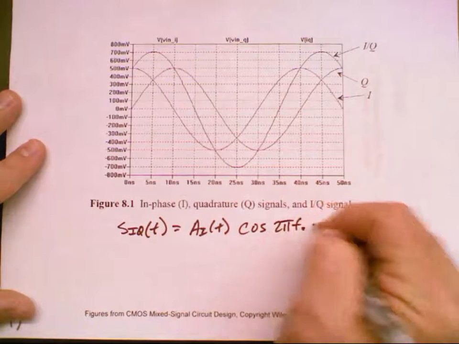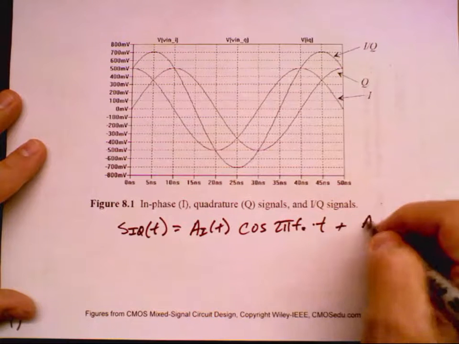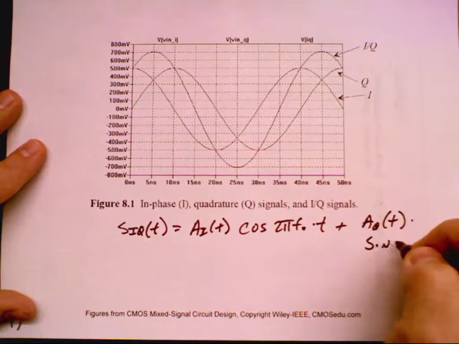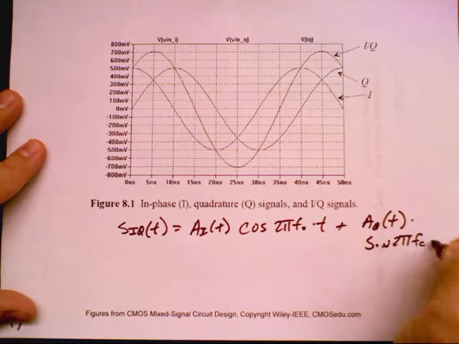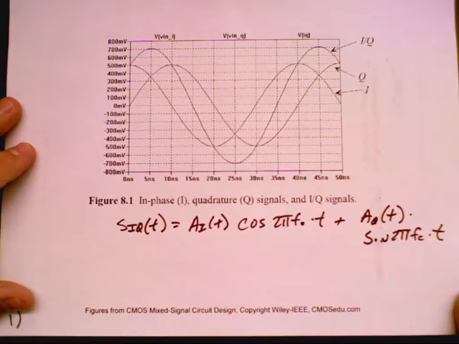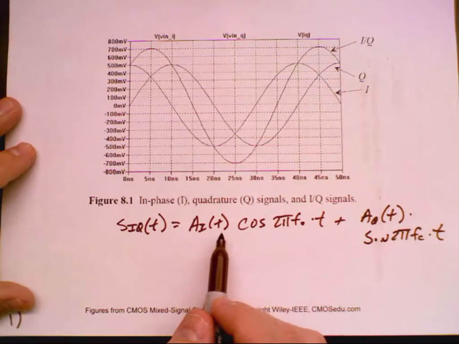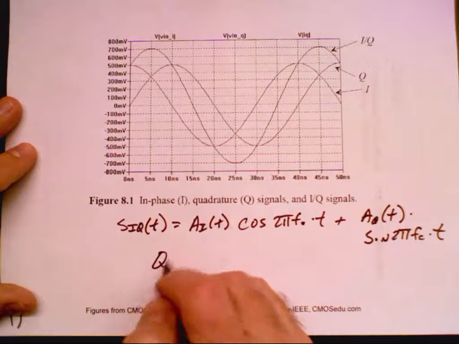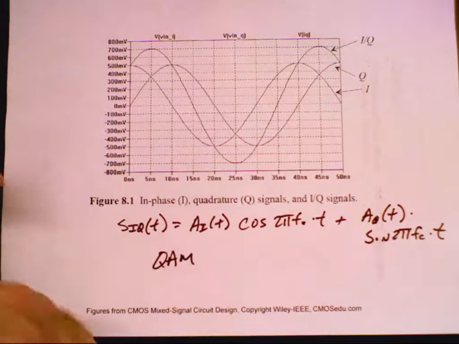What's the fc stand for? Yeah, it's the carrier. This is amplitude modulation, and when you put the two signals together, it's called quadrature amplitude modulation. Again, we went over that.